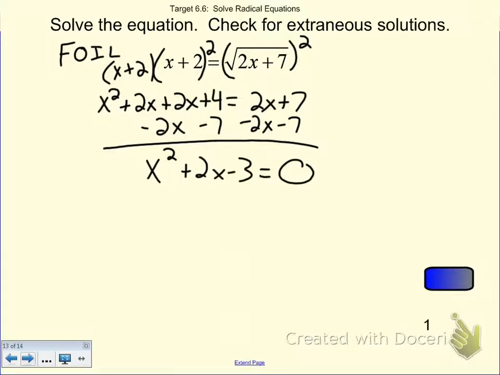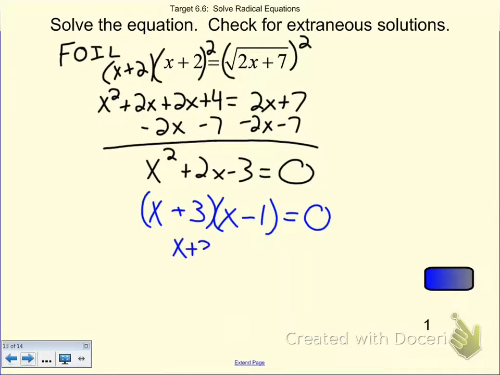At this point, you can do a couple different things to solve the problem. You can do the quadratic formula if you like, but that's a bit of overkill. So I'm going to do factoring. What numbers multiply to be negative 3 and add to be positive 2? Well, it's going to be a positive 3 and a negative 1.